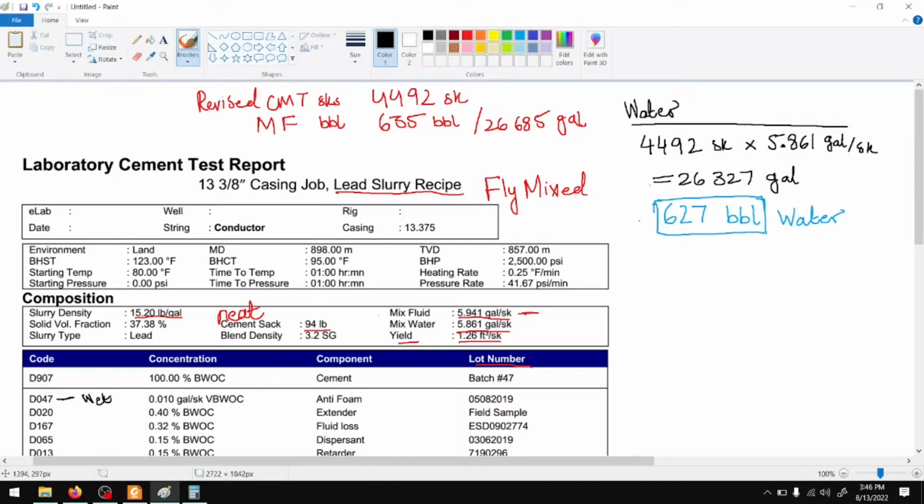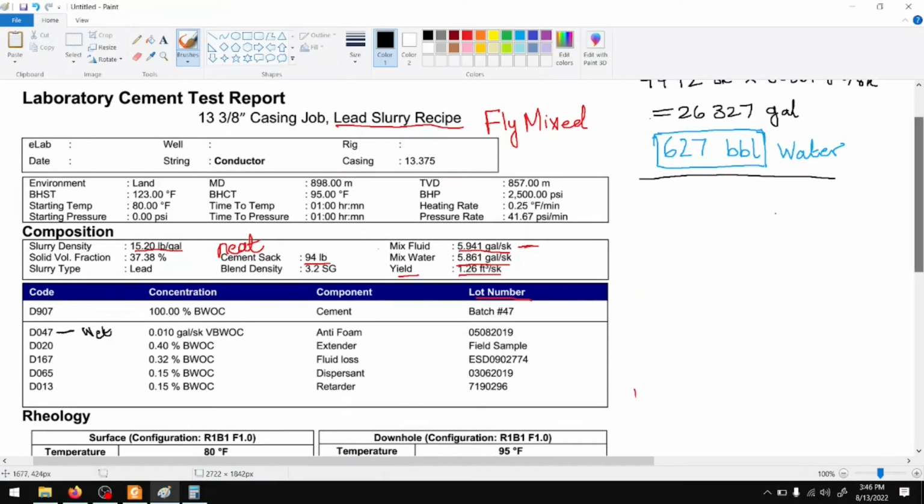So let's switch back to black. You know how much water you'll consume. Now our next step is to calculate the chemicals. So let's go for the first one. You have your D47, which is your antifoam. Over here it says 0.01 gallons per sack. VBWOC just means volume by weight of cement. So the volume of D47 by weight of cement.